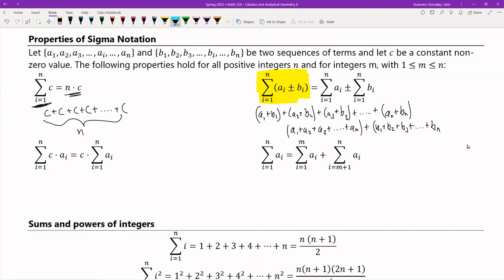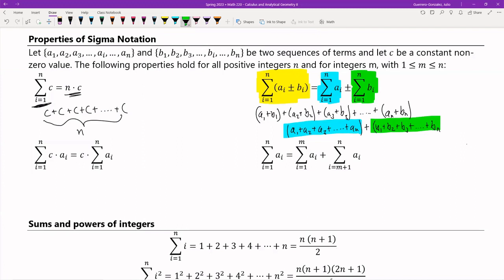Each one of these separately is one of the sums, and the other is the other one. The proof I just provided uses addition; the subtraction one works just as well. That's the proof of that one.